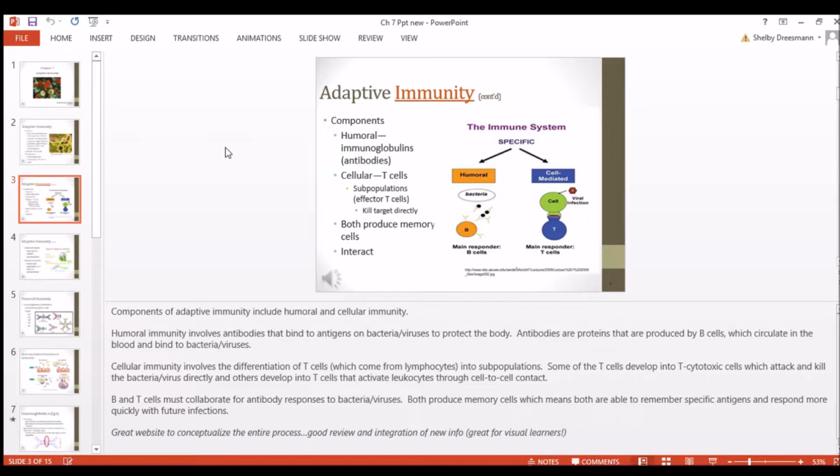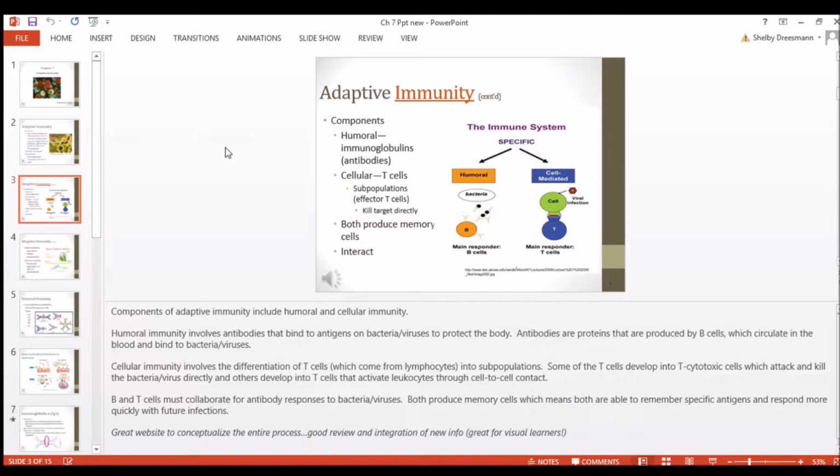Cellular immunity, however, is the differentiation of T cells that become T cytotoxic cells, which attack and kill bacteria and viruses, and others develop into active leukocytes that do cell-to-cell contact combat.